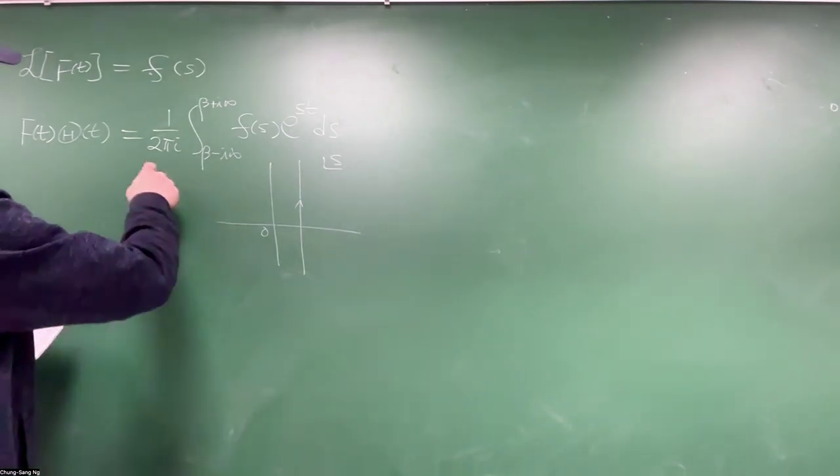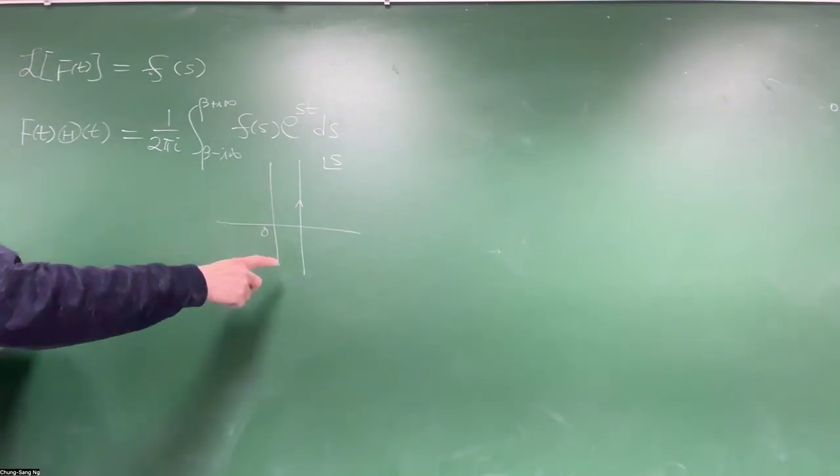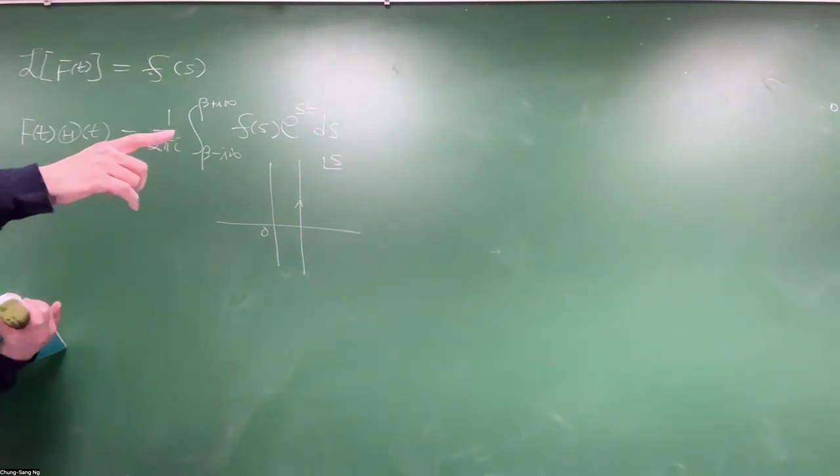And the idea is that you can now apply the Jordan lemma, except that now it's just the 90 degrees. Usually with Jordan lemma, we integrate along the real axis and close it either up or down. But now we integrate along the vertical line, so you can close it either left or right.